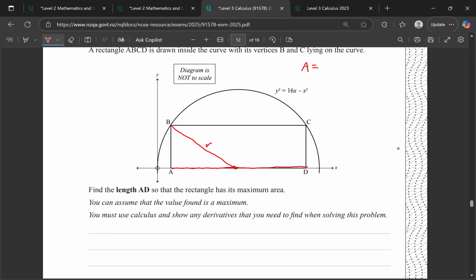That's not that hard because this is a circle. If I shift everything onto the left hand side, that's x squared minus 16x plus y squared equals 0.